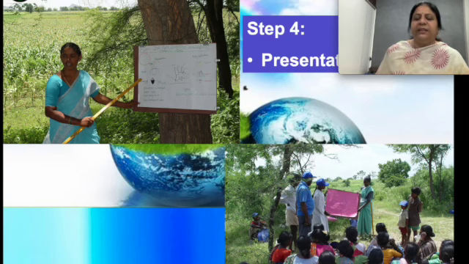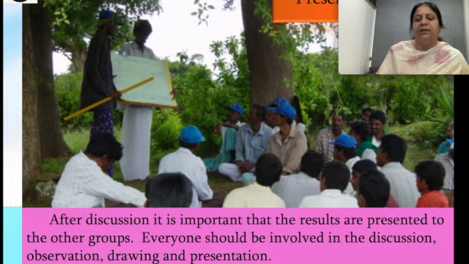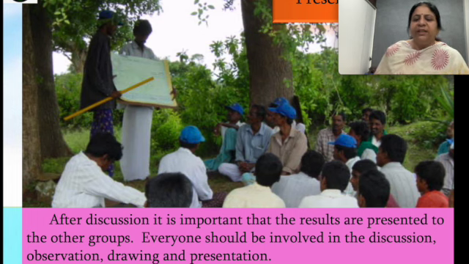Step 4 is presentation. In a shady area in the field, all have to settle and the presentation is to be given. The smaller groups which discussed and drew the samples have to explain the chart to the bigger groups. After discussion, it is important that results are presented to the other groups.